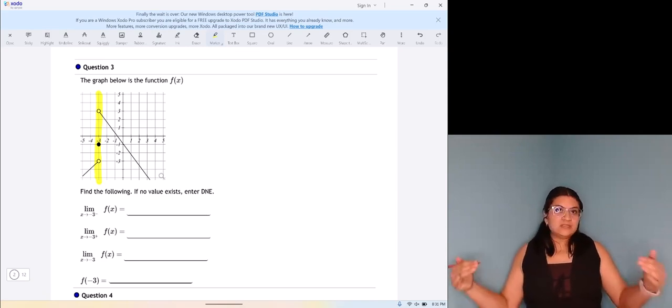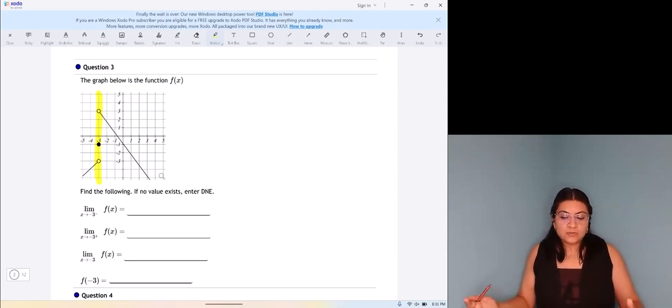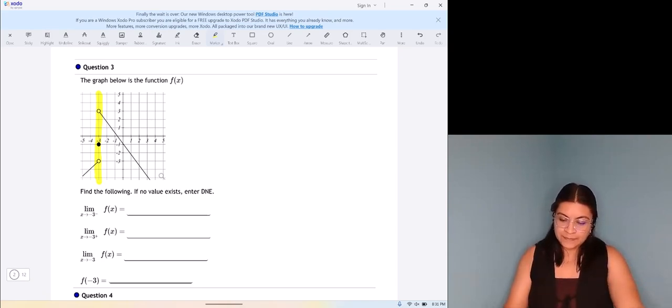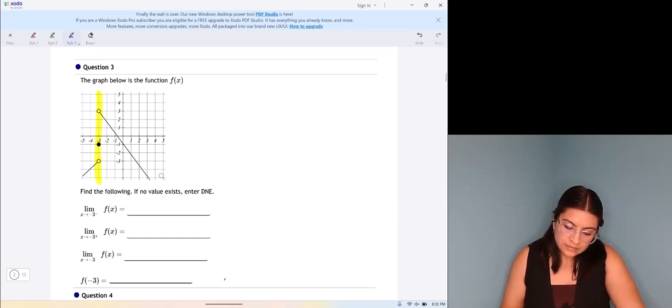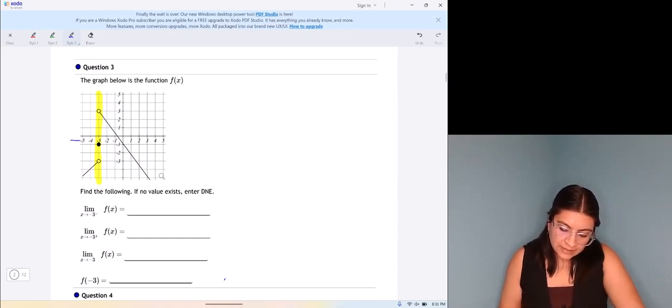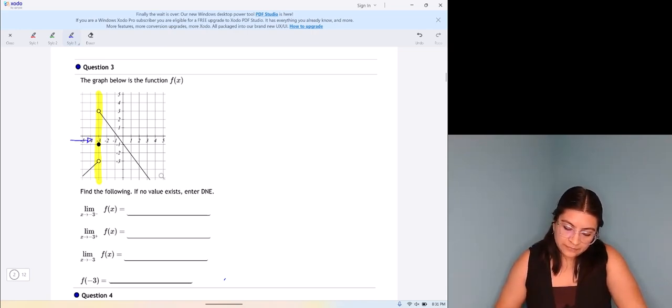Sometimes we need to find limits as we approach different x values, but in this case, it only focuses on -3. The first one says, the limit of the function as x approaches -3 from the left side. As we come in from the left side, let's look at what happens to the graph. The graph is approaching -3.